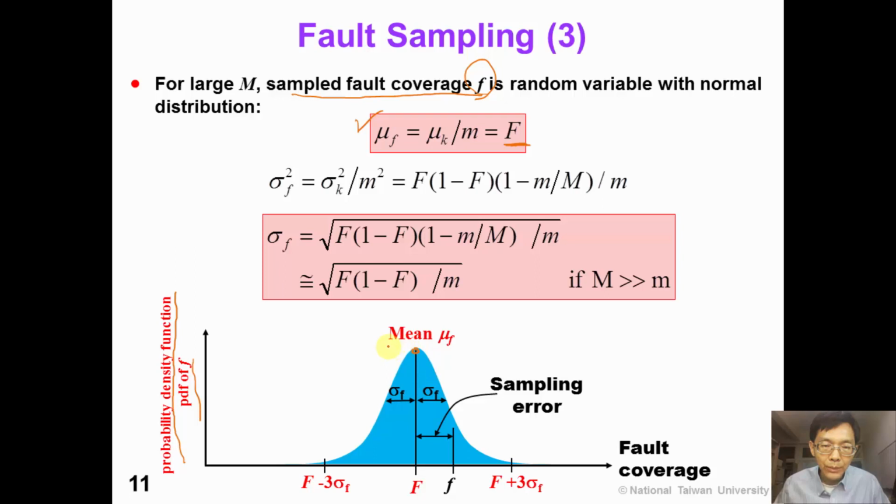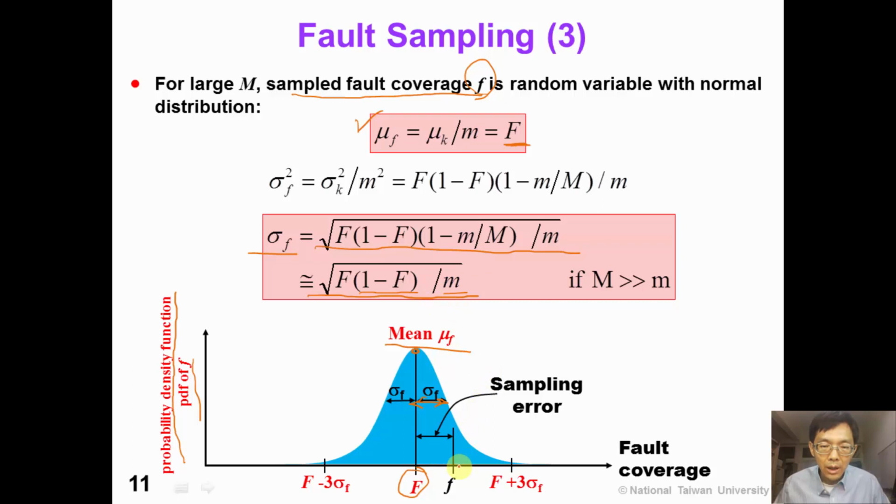In the middle is the mean, mu f, which is the actual fault coverage, big F. And the standard deviation, sigma f, is equal to this, which can be approximated by the square root of f times 1 minus f divided by small m.